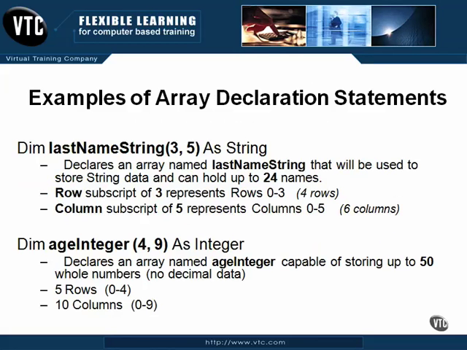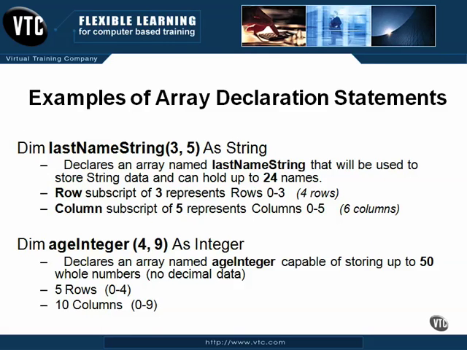Here are two examples of two-dimensional arrays. In the first example, we have an array called lastNameString with subscripts of 3, 5. The 3 represents the upper subscript for the rows, where the 5 represents the upper subscript for the columns.